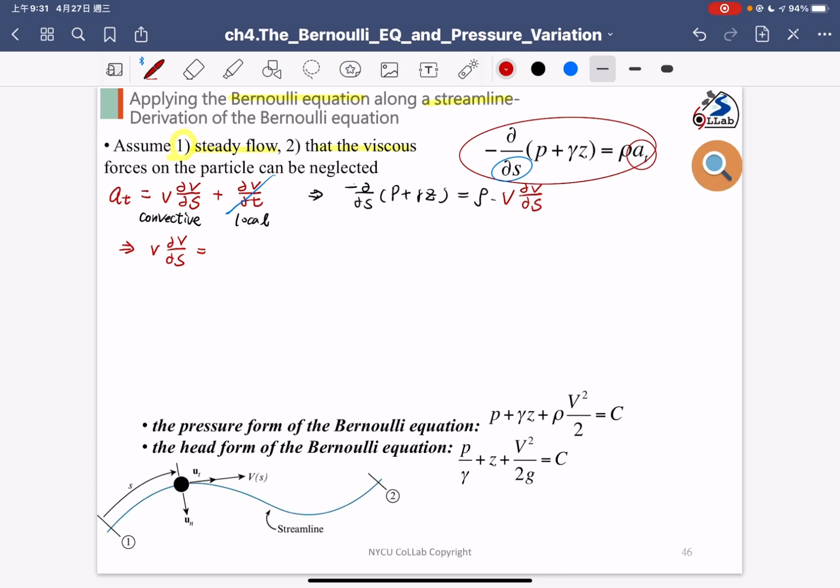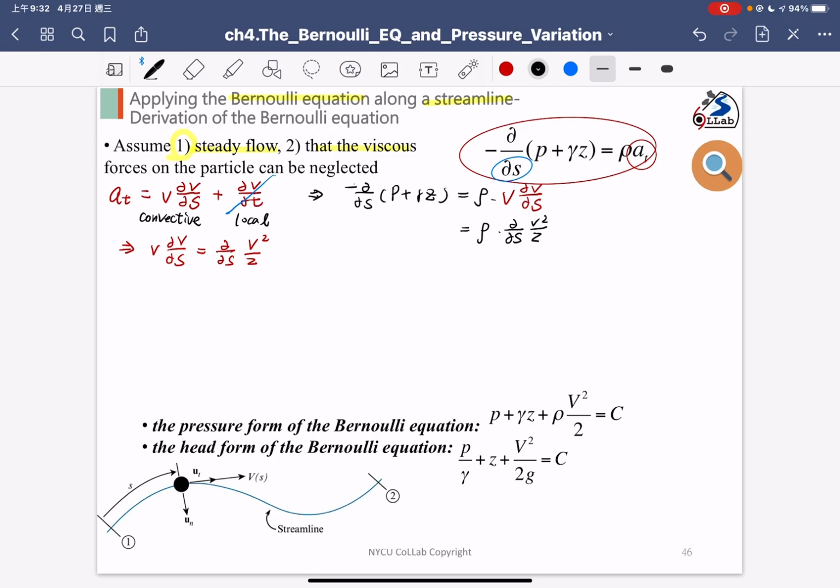So we put the velocity inside and rewrite the equation as one over 2 times d(V squared), because we put the velocity inside the differential along the straight line. Because we do the integration, the V becomes V squared, and we have an additional constant value 2 outside.